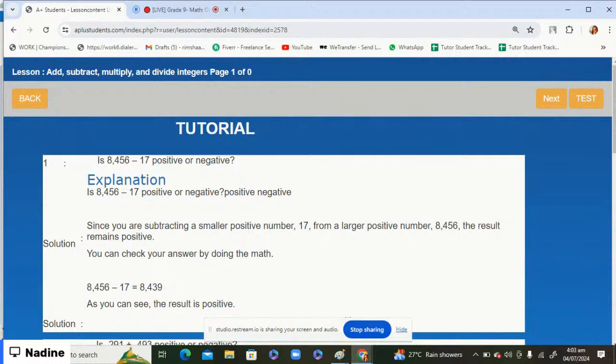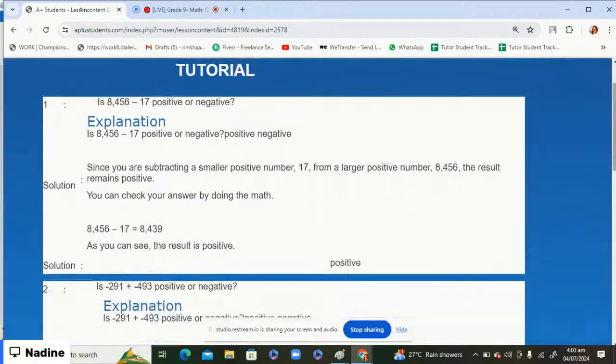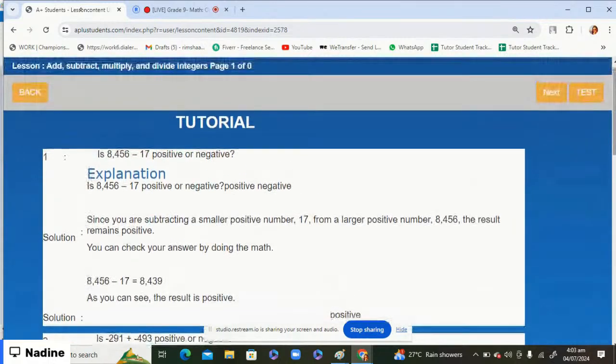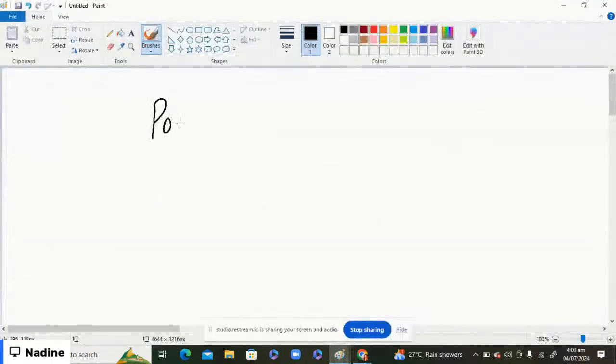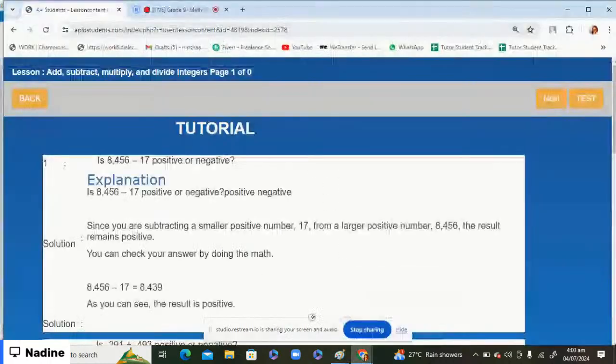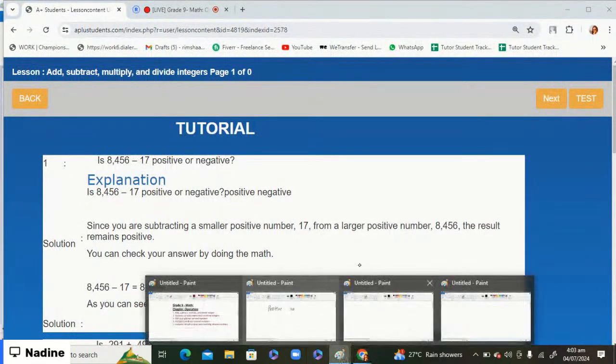So if one is positive and one is negative, you can see that you have to write the answer as positive, okay?